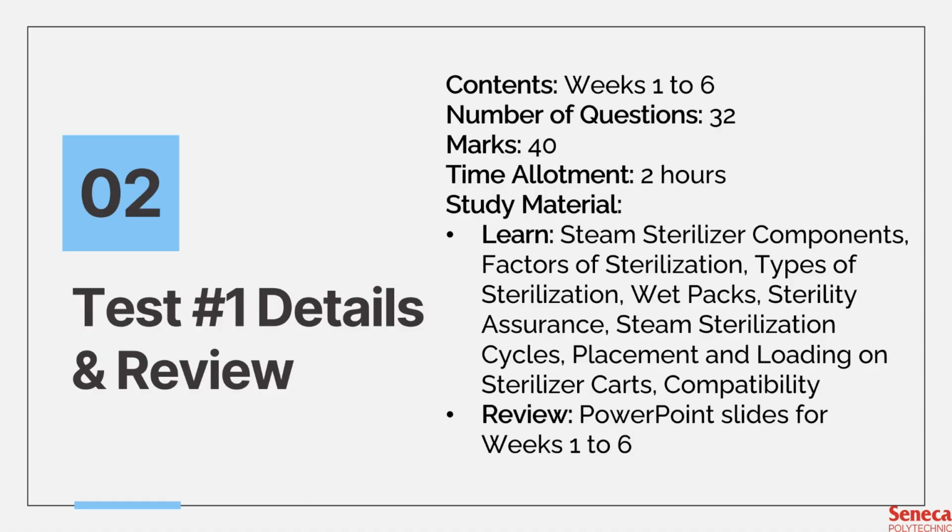We'll have, I believe, 10 true or false statements, 10 fill in the blanks, 10 multiple choice questions. There will be no diagrams or anything like that, so you don't have to worry about that. So we have 10 true or false, 10 fill in the blanks, 10 multiple choice, and two short answer questions that are actually worth quite a lot. Overall, the test is worth 40 marks, and we have 32 questions.